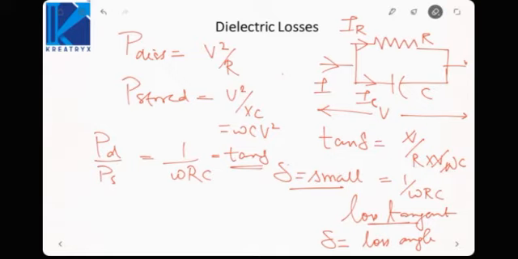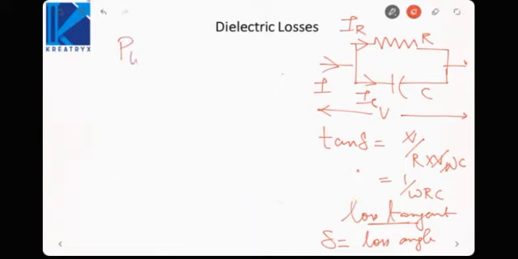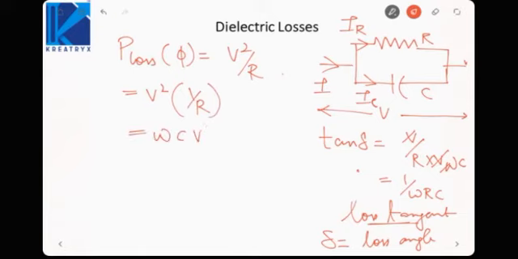Now if we want to find the dielectric loss per phase, it is V square by R. R can be written here as, or we can say V square into 1 by R. 1 by R is nothing but omega C tan delta, so the loss is omega CV square tan delta.